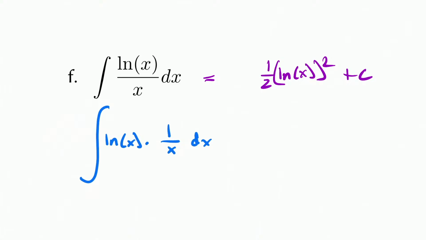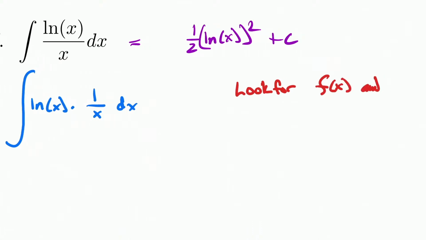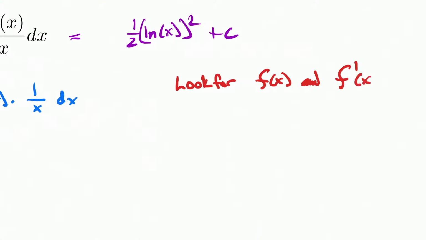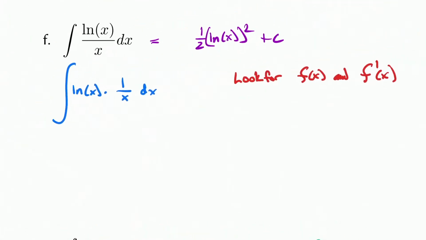So here you can use substitution. How do you know? Well, here's what I look for. I look for a function and its derivative. So if both of those things are part of my integral, then I might be able to use integration by substitution.